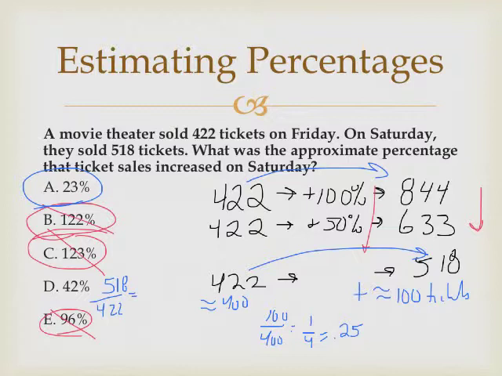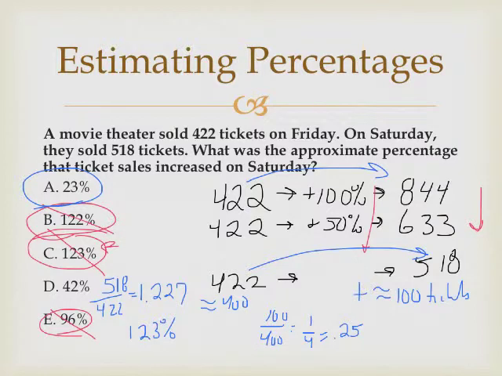And the decimal that I get is 1.227, and then with some more. So that means that 518 is 123% of 422, which is very tempting for you to select C.